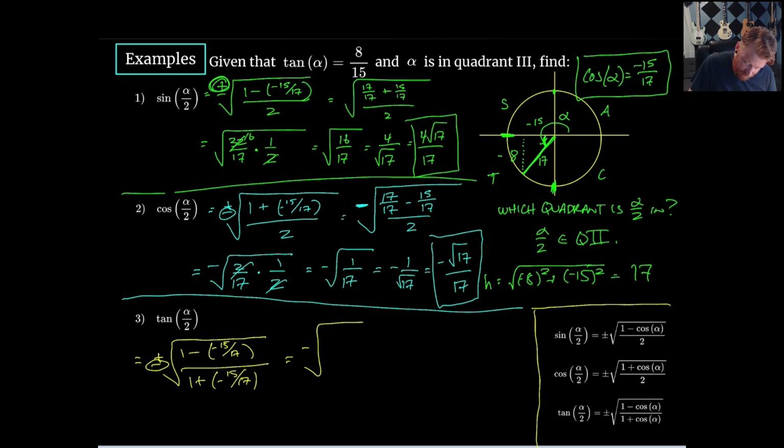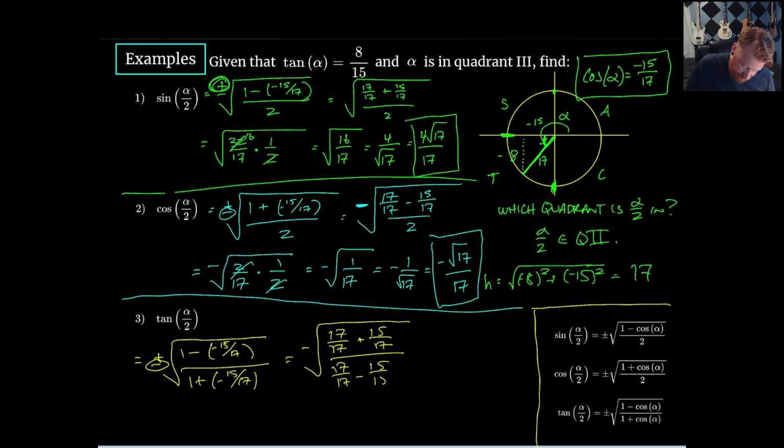So we're getting negative square root of 17 over 17 plus 15 over 17 all over 17 over 17 minus 15 over 17. I'm just rewriting these ones, the 17 over 17, to get a common denominator.